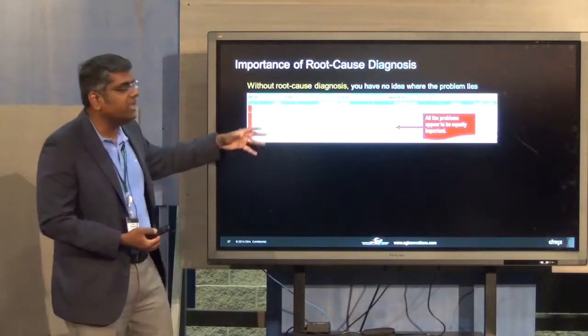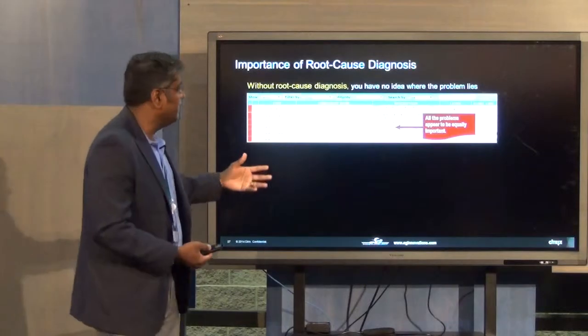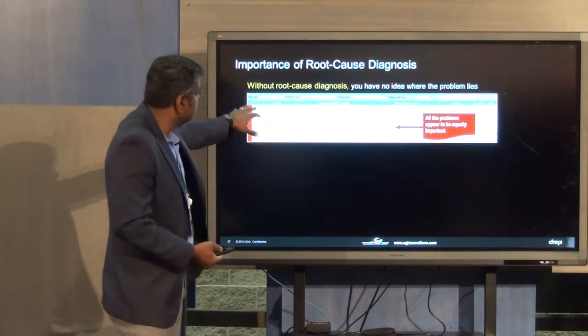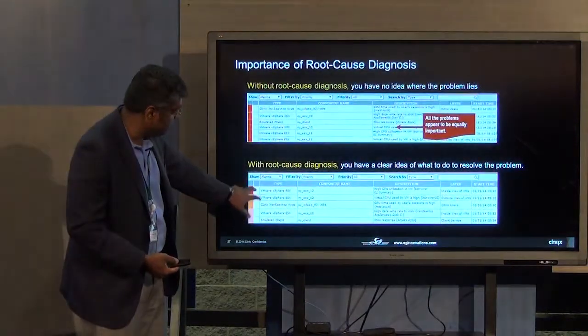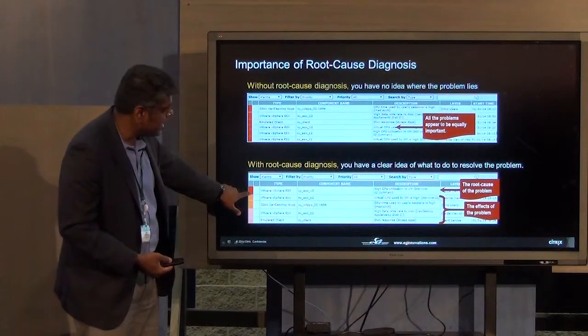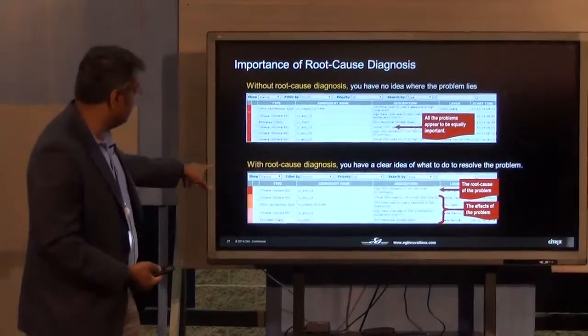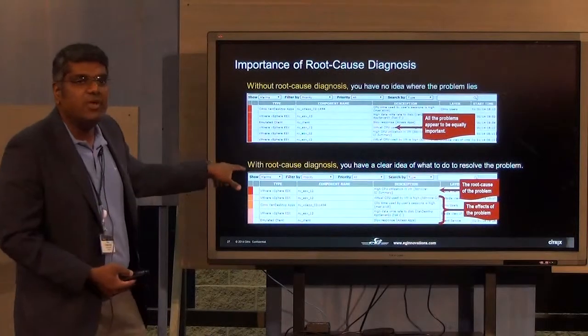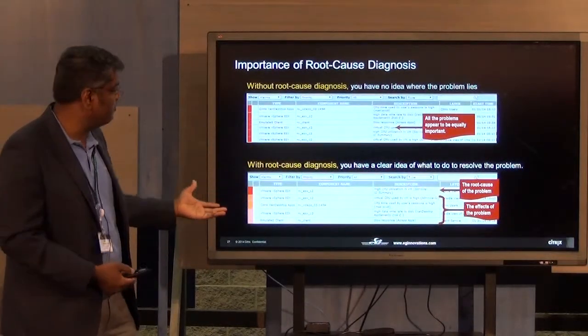What happens when you're collecting a lot of metrics without intelligence around it is you see problems everywhere. So in an example like this, you can see 6 potential issues. But with root cause analysis on top of it, with EG, you're able to differentiate where the real problem is as opposed to the effects of the problem. And you can see an example of that here. That means this is now information that you can act upon instead of data that you're just scanning through.